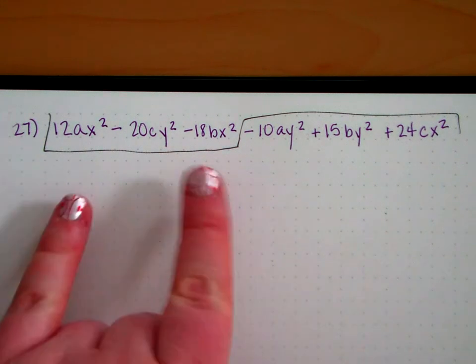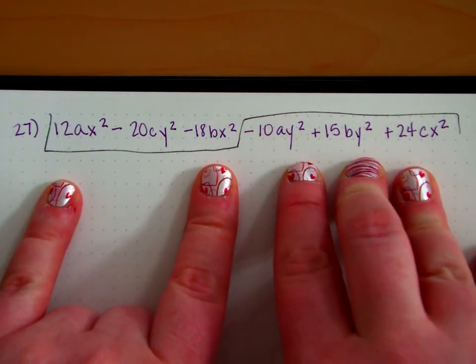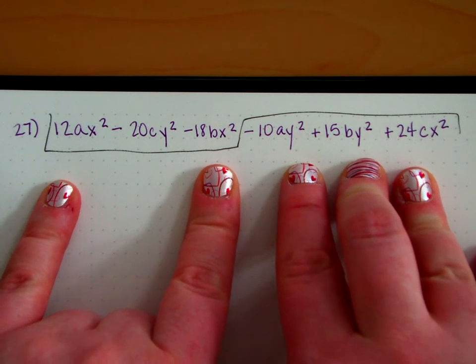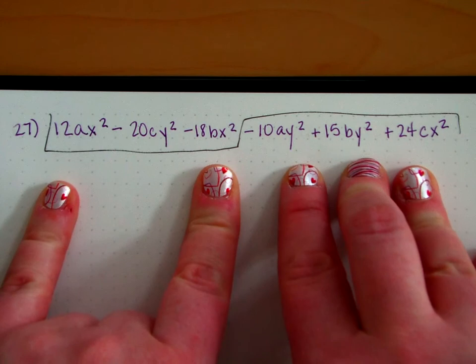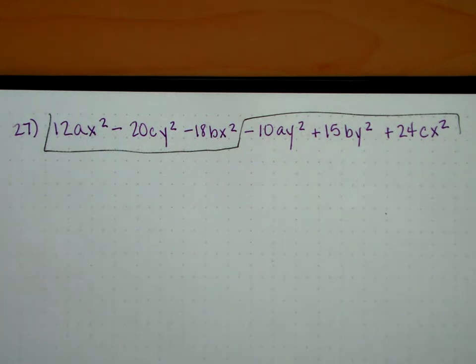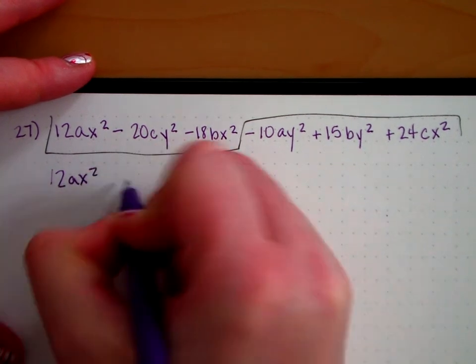Factor by grouping, just make your groups match. Otherwise, you really can't pull anything out. Now, I could pull a 2 out of everything here, and I could pull a not 2 out of everything here. So right now where my groups are, I really can't factor anything out. So on this first group, I'm going to switch things up.